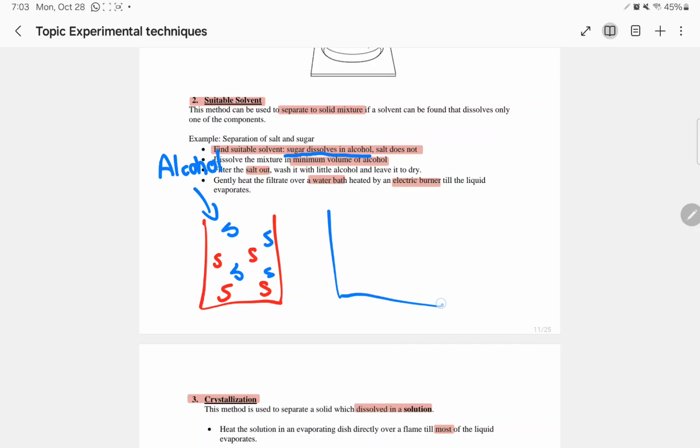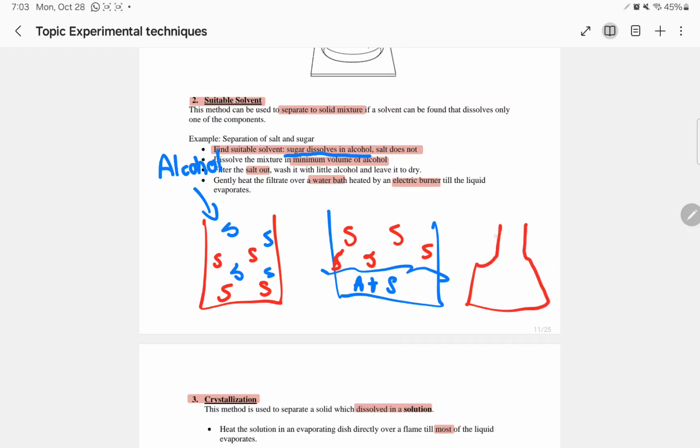You'll be left with a solution of alcohol and sugar, and salt, undissolved, by the way. Once you do this, you filter it out. You take the same experiment setup. This is your conical flask, okay, that's the worst thing I've ever drawn in my life.